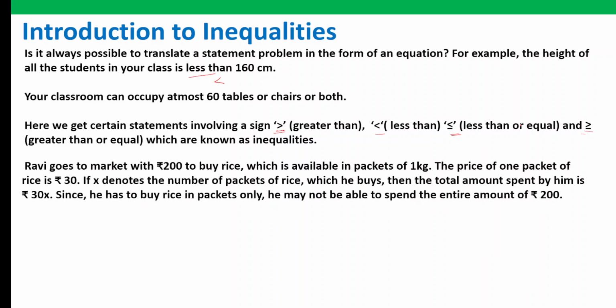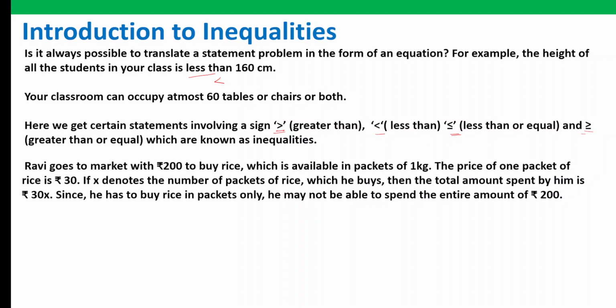So whatever the signs are here, greater than, less than or equal, greater than or equal, these are inequalities. Example: Ravi goes to market with 200 rupees to buy rice, which is available in packets of 1 kg. The price of one packet of rice is 30 rupees. If x denotes the number of packets of rice which he buys, the total amount spent by him is 30x rupees.